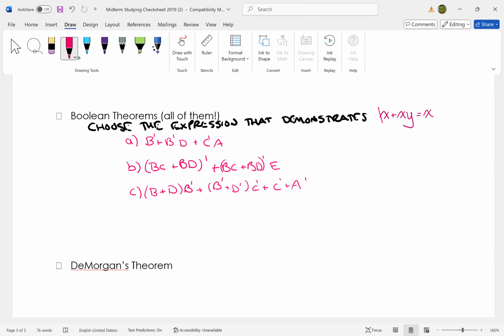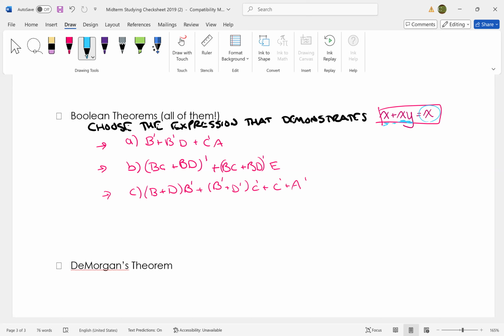Choose the expression that demonstrates this. And you see initially that I don't have any X's or Y's, but this is just one of your theorems. So you could express that in terms of B's and D's and A's as well. But what it's saying is when one input is ORed with an AND of that same input with a different input, it's the same as just that same input.